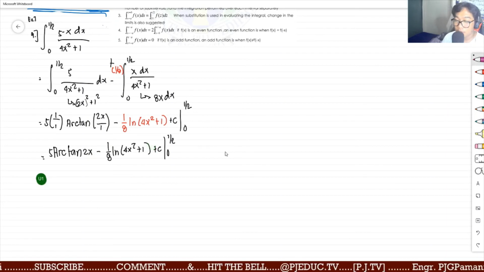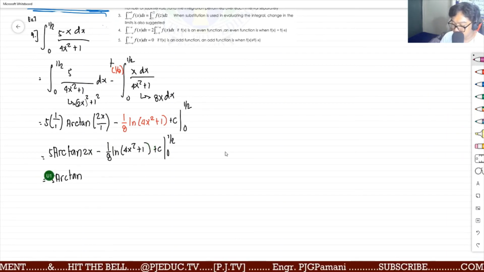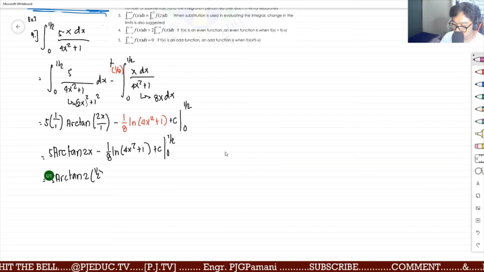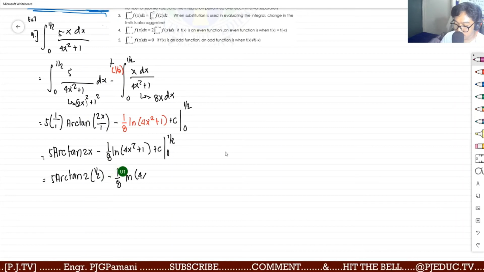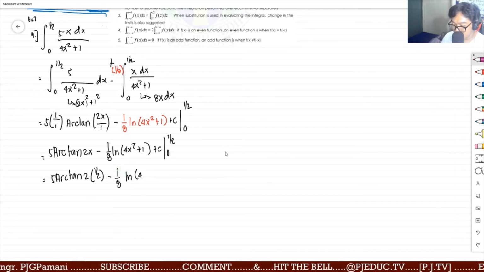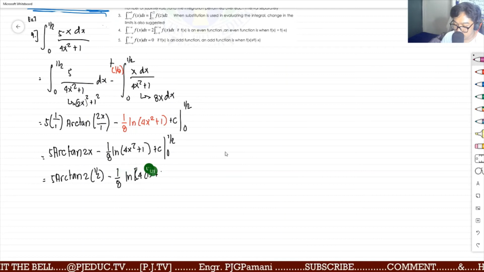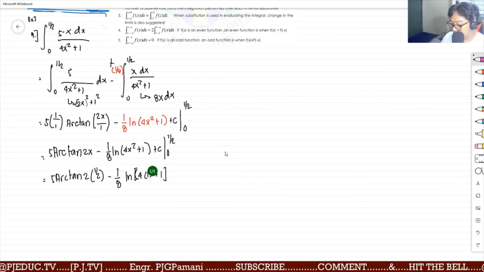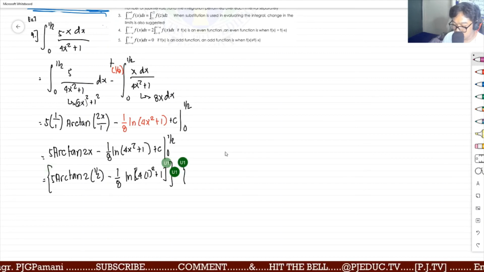Substitute the upper limit to our variable x. Arctan 2 times 1 half minus 1/8 of ln 4 times 1 squared plus 1, and subtract the lower limit.